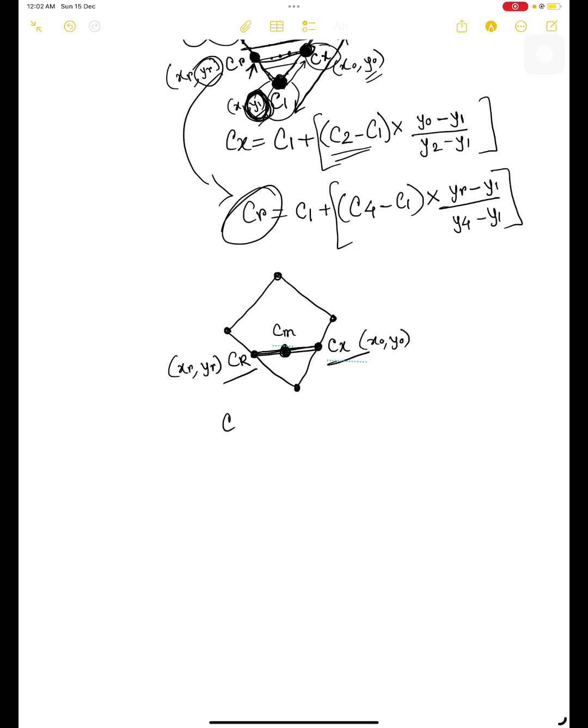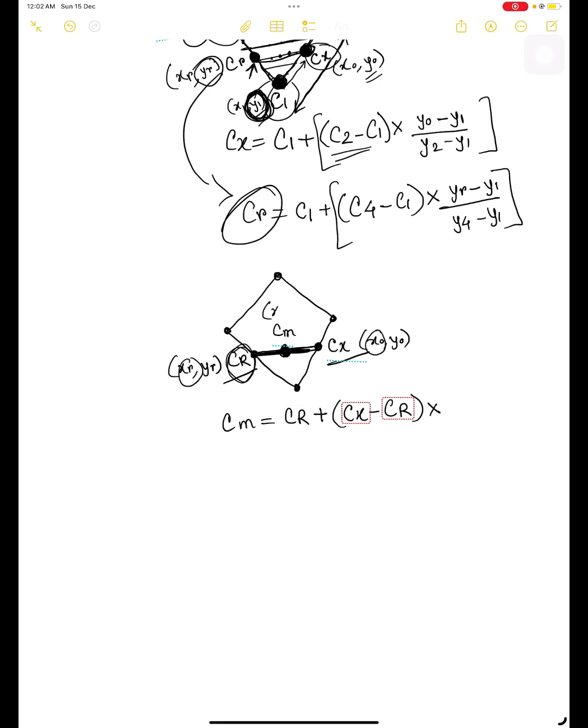How so? CM can again be written as, we can assume that it starts from CR. So we have CR plus, again, we will have CX minus CR and into the proportional distance. But now, since it's a horizontal line, we will take the X coordinates here.